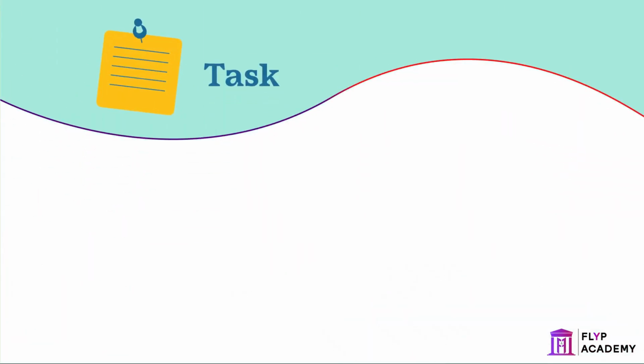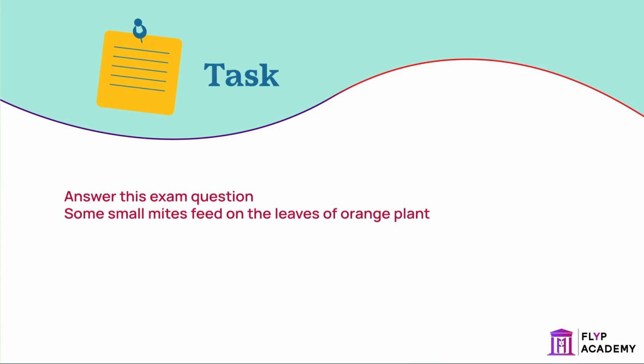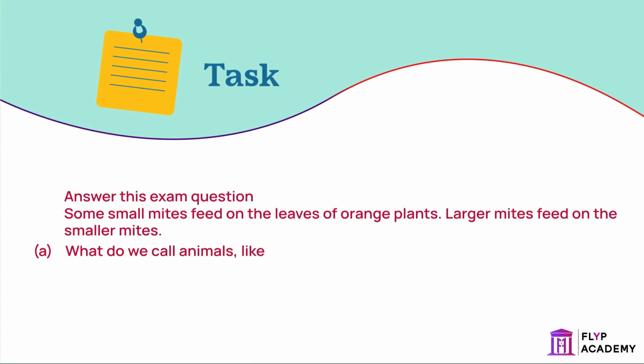Task. Answer this exam question. Some small mites feed on the leaves of orange plants. Larger mites feed on the smaller mites. A. What do we call animals like the large mite which eat other animals like the small mite?